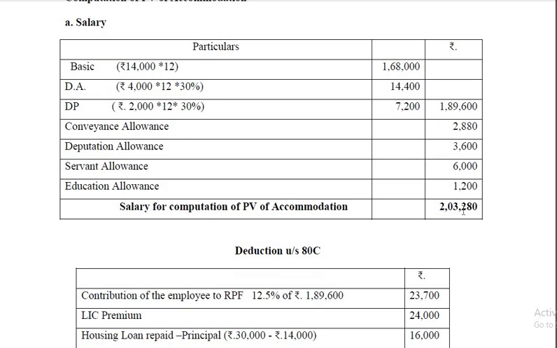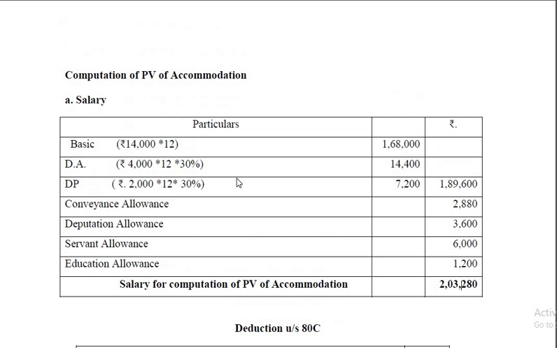So salary for rent-free accommodation is basic, then DA and DP which form part of retirement benefits or Provident Fund contribution, any bonus, commission, etc., and all the taxable allowances, but not the perquisites and not even the employer's contribution to Provident Fund. Okay, so that comes to 2,03,280. Of that you are calculating 15%.